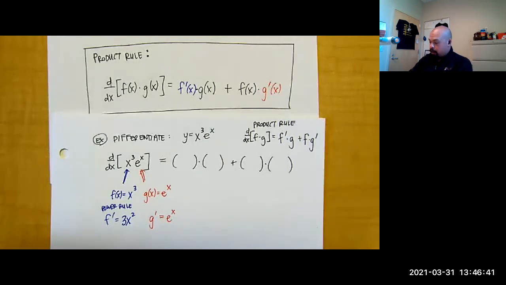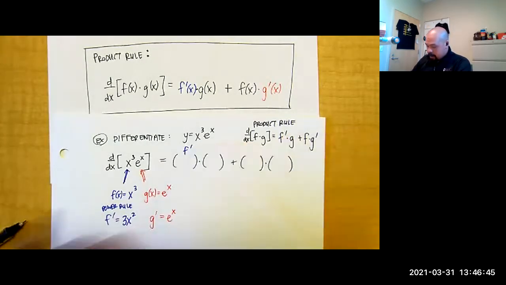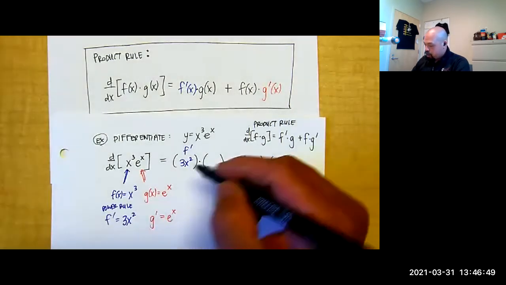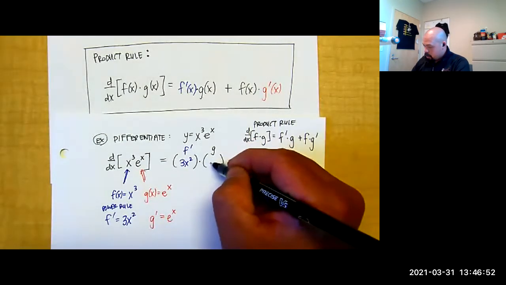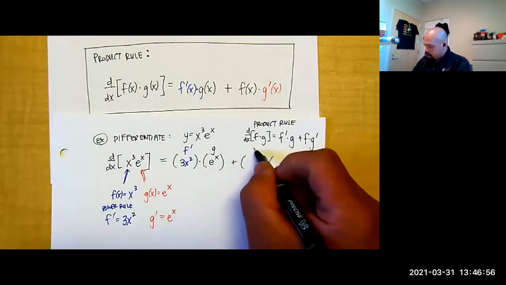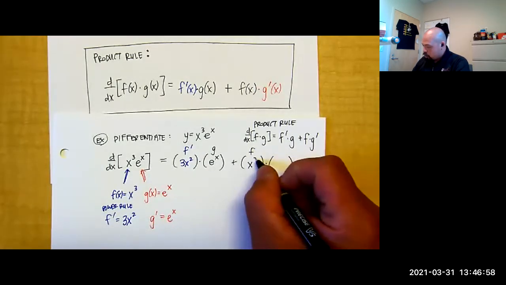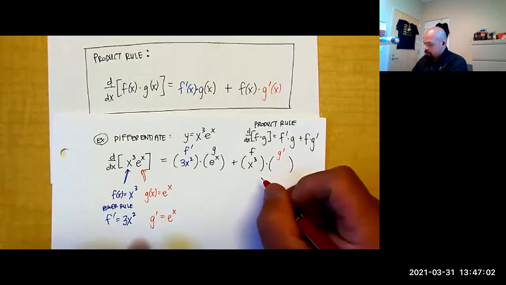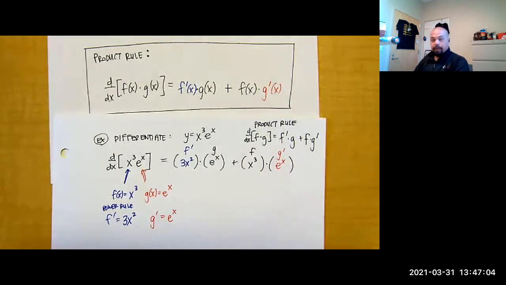So in this case, with our work, f prime, which was 3x squared, times g, e to the x, plus f, which was x cubed, times g prime, which is e to the x again.